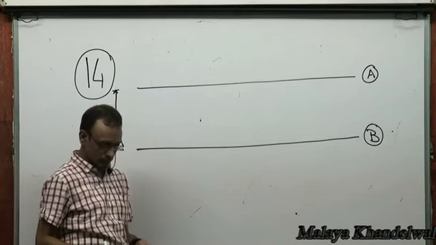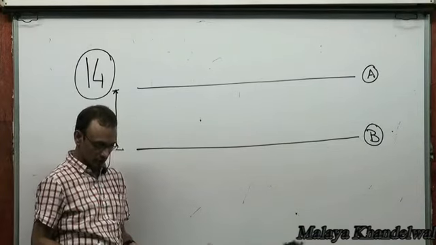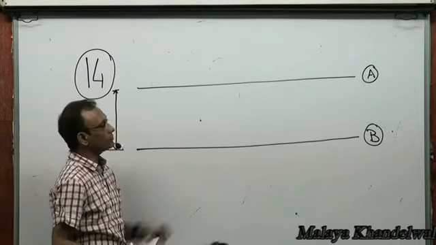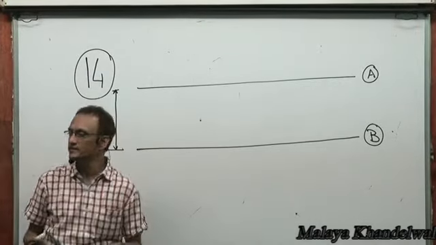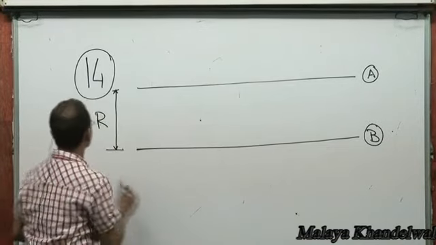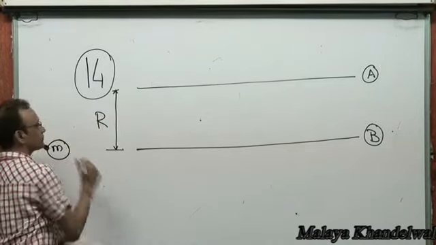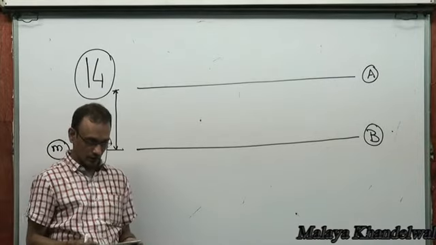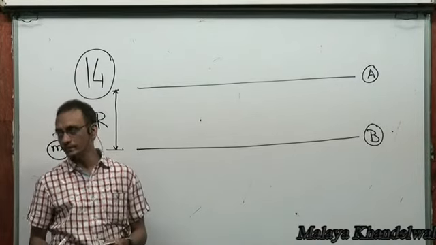Right? Now, the mass per unit length of the two is given to be m. Mass per unit length. And they are originally in equilibrium.